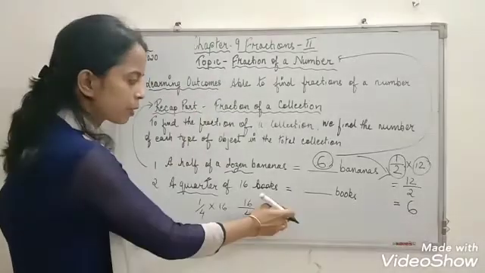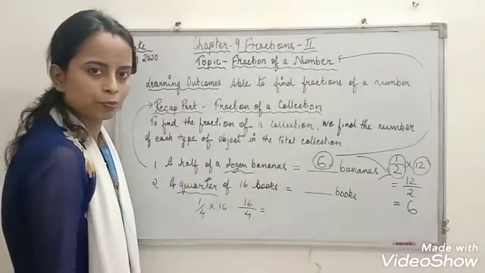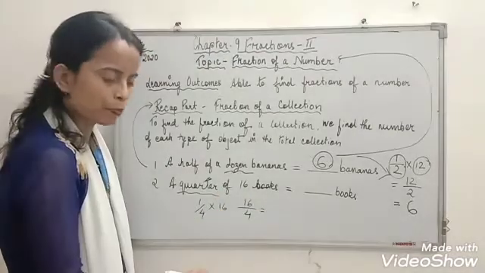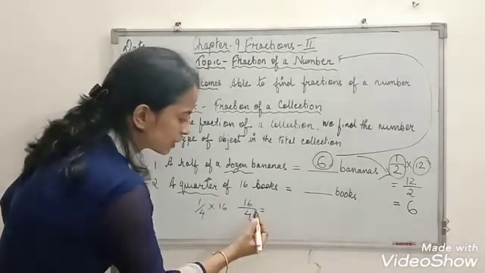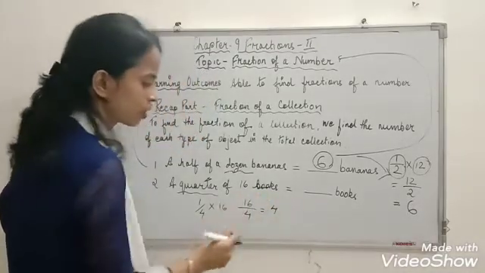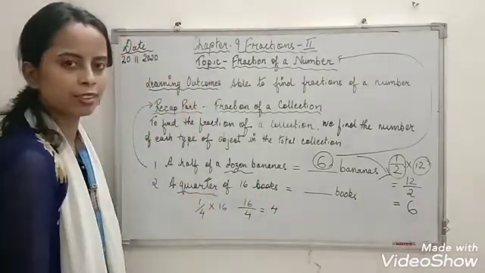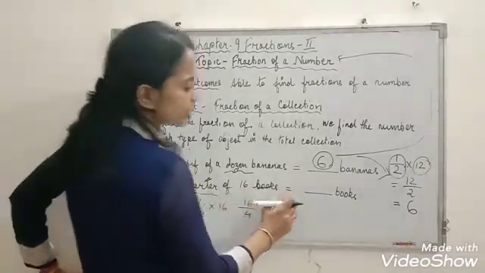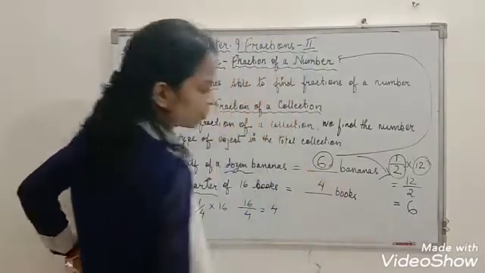Now find out how many books. 1/4 of 16 books, how many? When you divide 16 by 4, we will get 4. 4 4s are 16. So a quarter of 16 books equals 4 books.